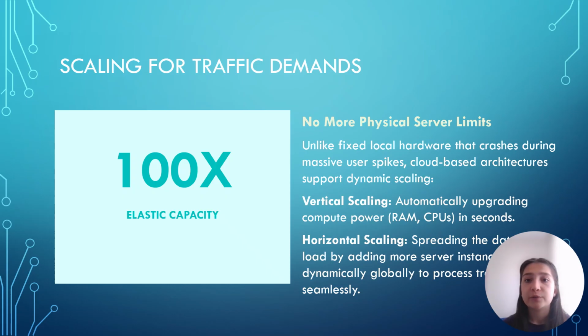To prevent this, you would have to buy expensive new servers that sit idle for the rest of the year. In a cloud environment, scaling is elastic. You can scale vertically by instantly adding more RAM and CPU with a single click, or scale horizontally by distributing the database load across multiple global servers. When the traffic spike is over, you can automatically scale down. This level of flexibility is impossible with physical on-premise hardware.